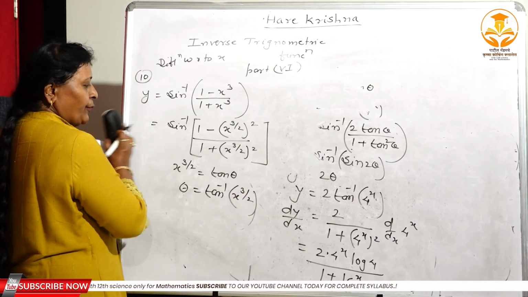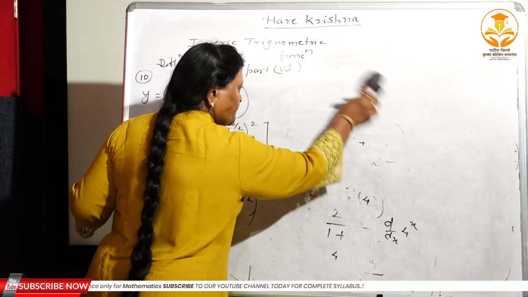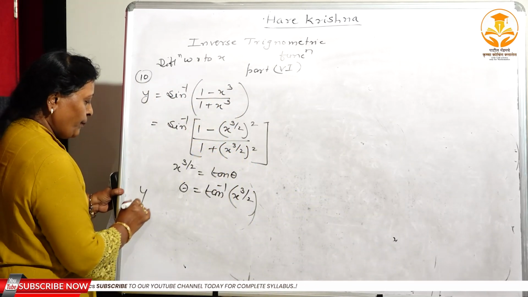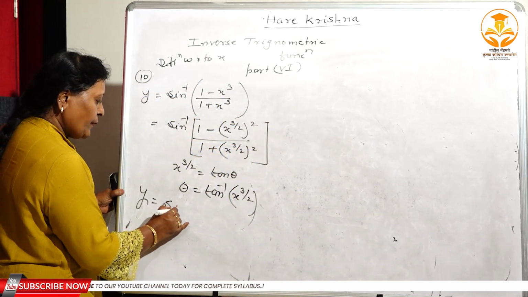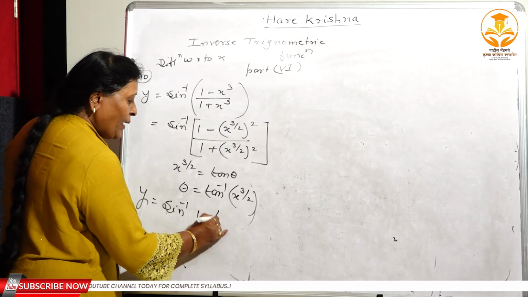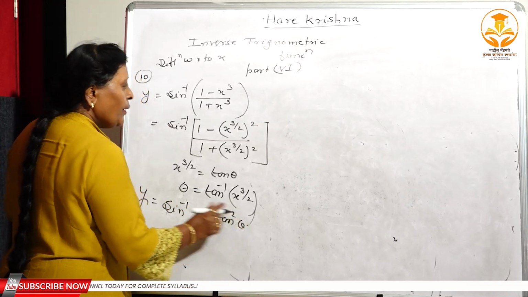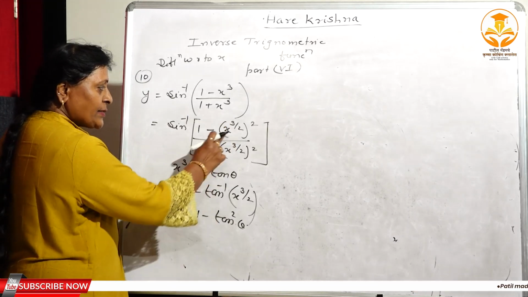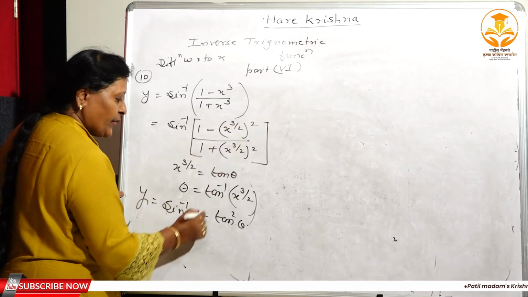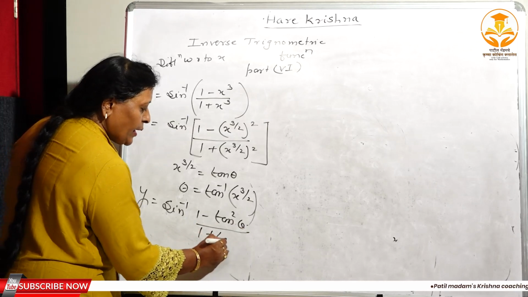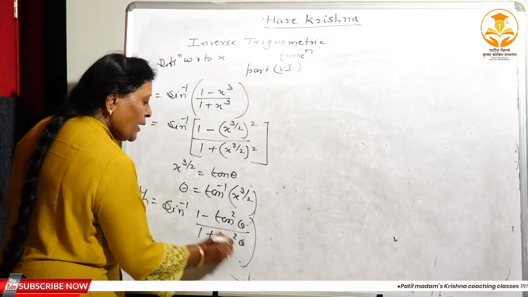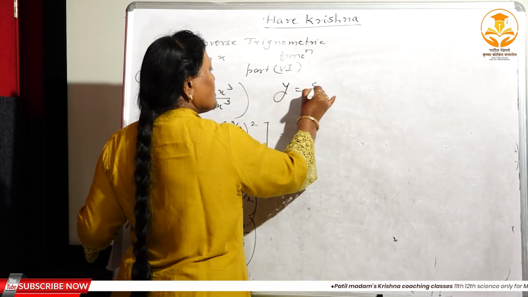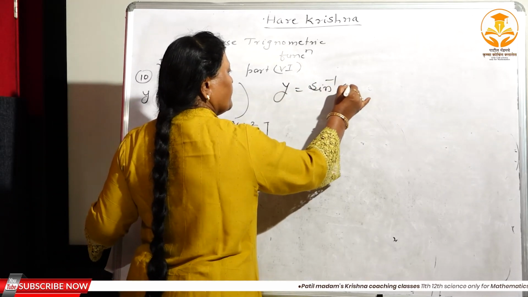Therefore, here you have got y is equal to sine inverse of 1 minus tan square theta, because x to the power 3 by 2 is nothing but tan theta, so tan theta whole square means tan square theta, over 1 plus tan square theta. And again, if you observe this, 1 minus tan square theta divided by 1 plus tan square theta is the formula of cos 2 theta.